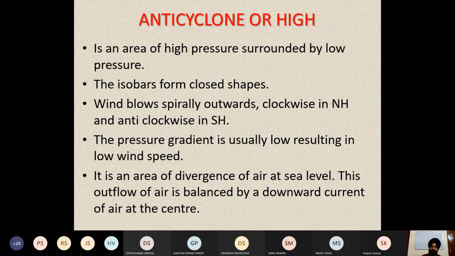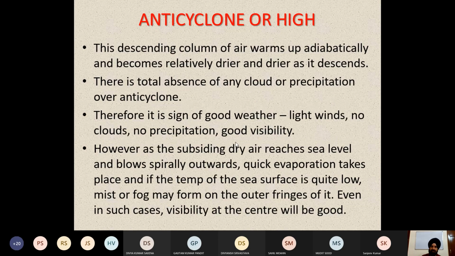Now this descending column of air warms up adiabatically. We know, very basic, if the air is rising, it will lose temperature. It starts becoming cooler and cooler. And the opposite happens when the air starts descending.